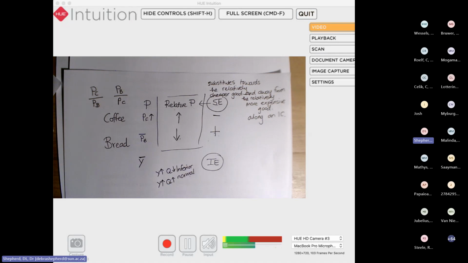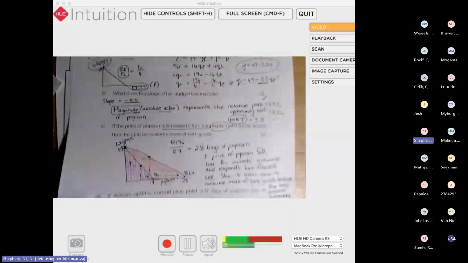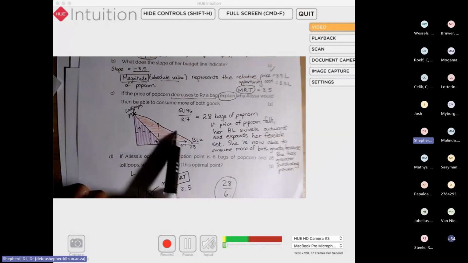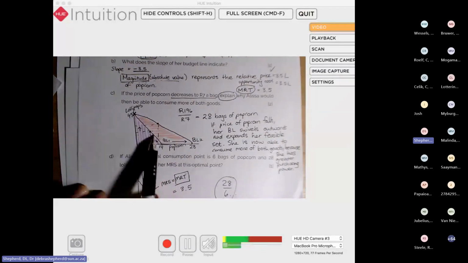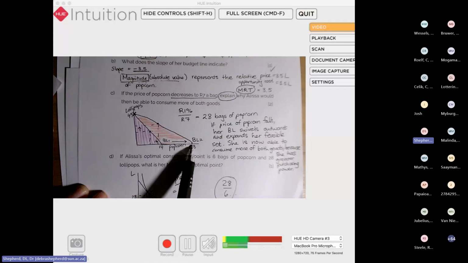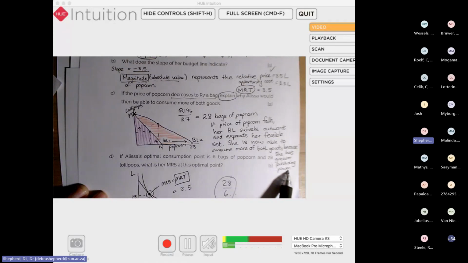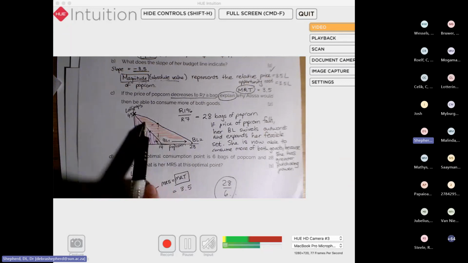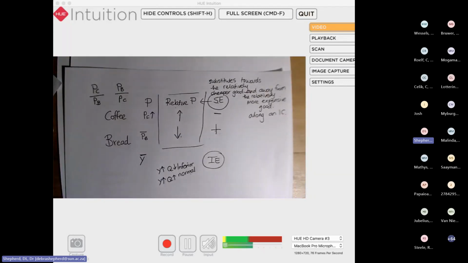Now, thinking back to earlier, when we were looking at lollipops and popcorn, so I'm just looking for the picture, we said that if the price of popcorn goes down, it has this increased effect on what is feasible for us. So we get greater purchasing power. So when a price goes down, we have more purchasing power. It's like we have more income.